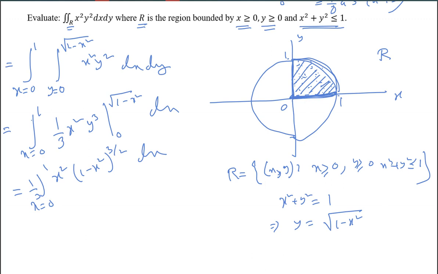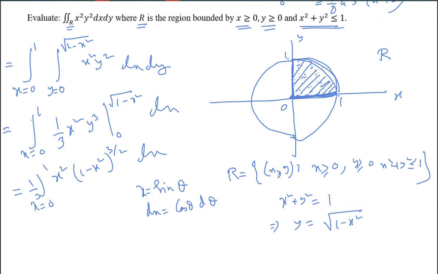When x square and 1 minus x square are there, I must substitute x equal to some sin theta or cos theta. So suppose x is equal to sin theta. So dx is equal to cos theta d theta. And as x varies from 0 to 1, theta varies from 0 to pi by 2.